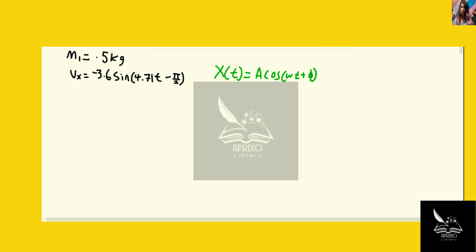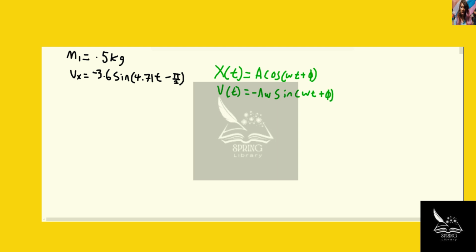Now, this isn't exactly what we want, but we want to get to the velocity equation so that we can compare the two. So to get from position to velocity, we just take a simple derivative, and we get v of t is going to be equal to negative A omega times sine of omega t plus phi.